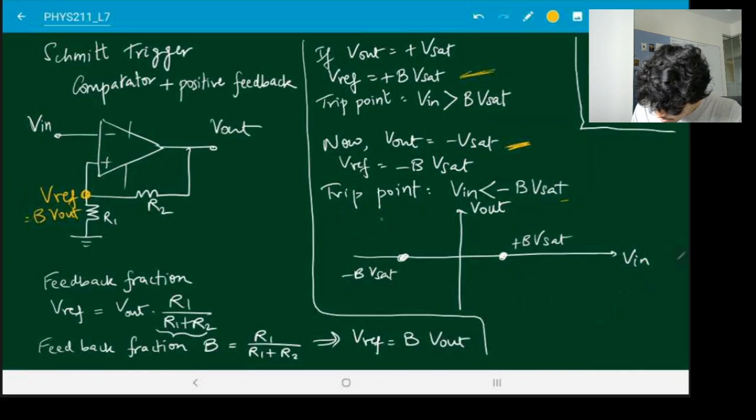During the increasing Vin, the input output graph looks like this. And when I'm decreasing Vin, my input output graph looks like this.